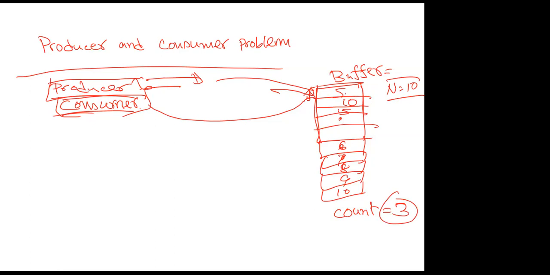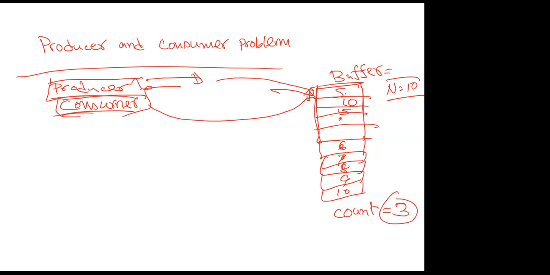And when both processes are in the ready state, meaning the consumer and producer are ready, your operating system can schedule either process for a certain amount of time.